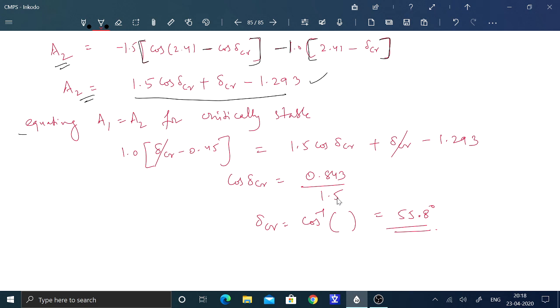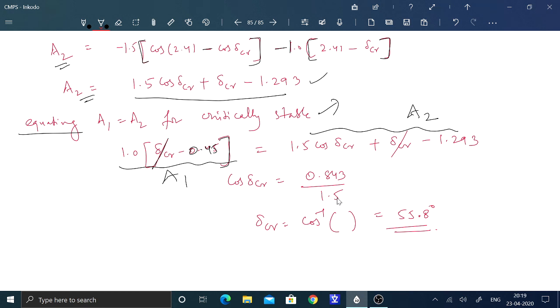Now equating area 1 and area 2 for a critically stable system, that is 1 into delta CR minus 0.45 is equal to 1.5 cos delta CR plus delta CR minus 1.293. This is area 2 and this is area 1, equating these two.